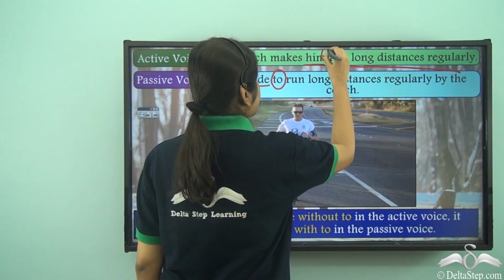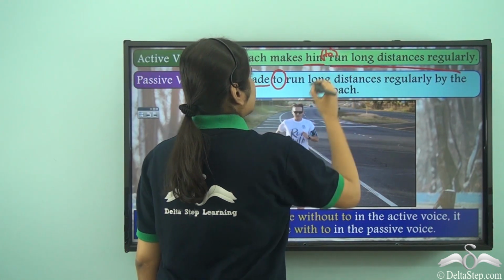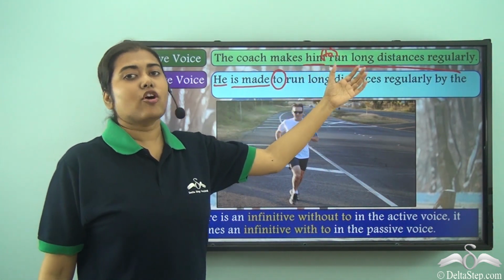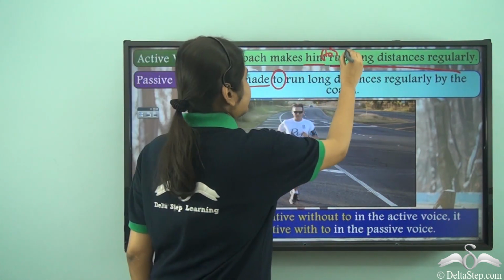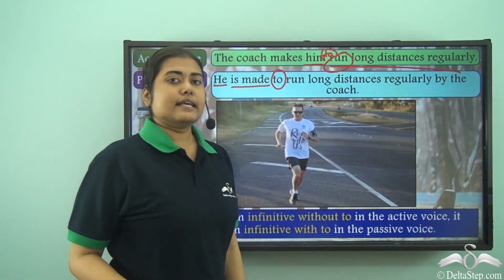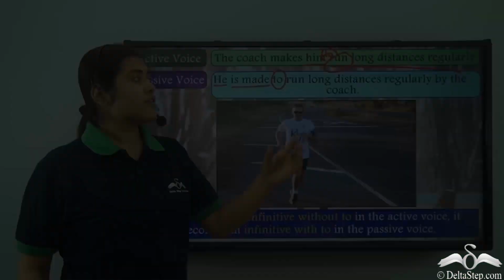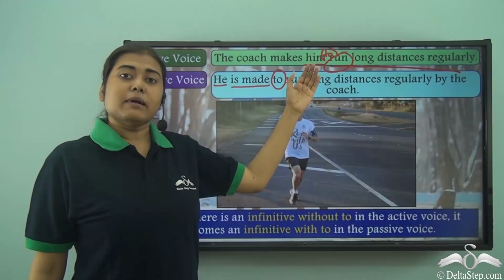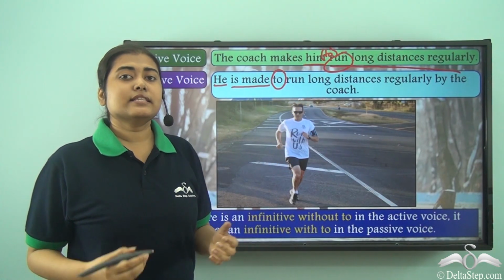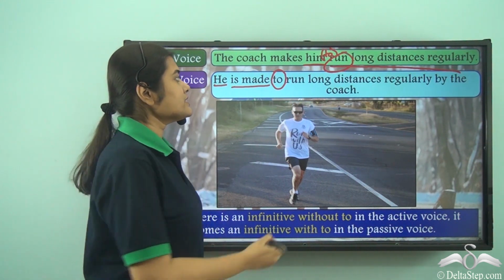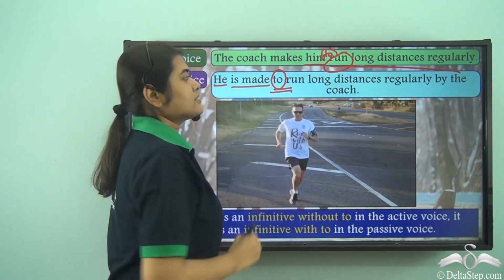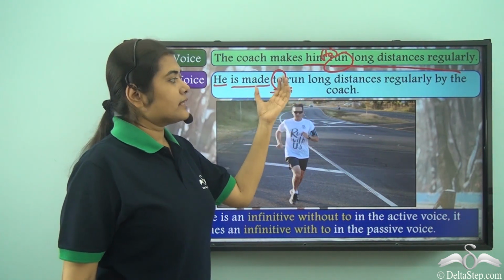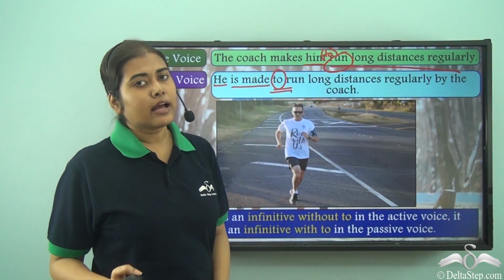So there is a to hidden in this sentence which we have not mentioned. So this verb run is an infinitive, but the to is not mentioned in this case. But whenever we are going to write the sentence in the passive voice, we need to place this to before the verb run to make the sentence construction correct.